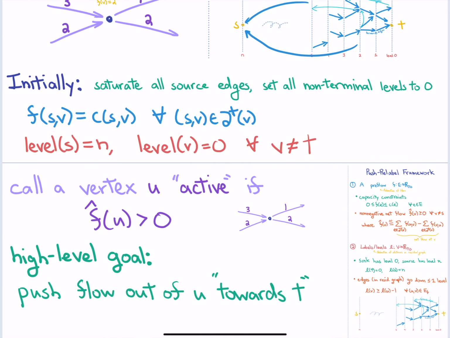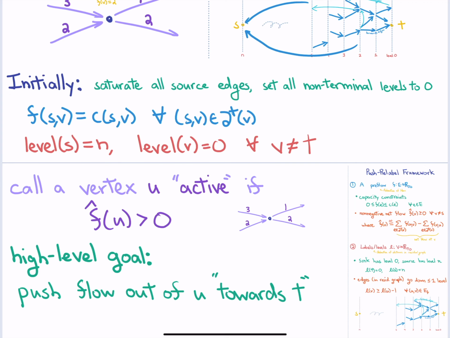Now once I've pushed flow out of S, there's a bunch of vertices that have extra flow on them. I've pushed some water out of S, and all those neighbors now have extra water sitting there. My goal is, every time I find a vertex with too much water, to try to push it along some other edge.